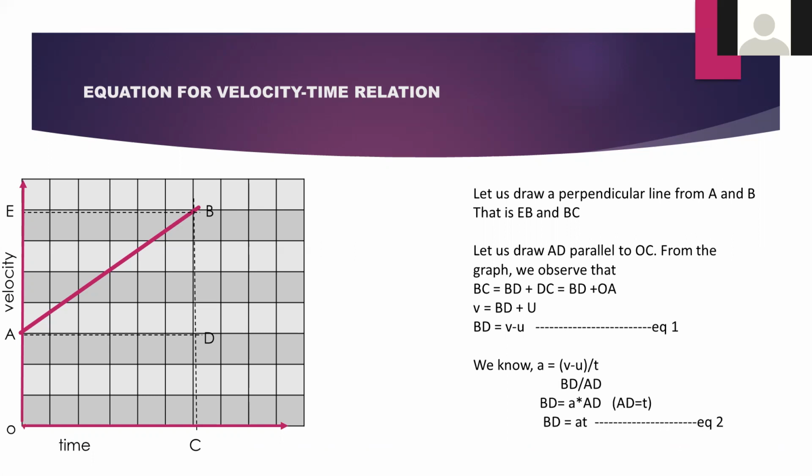No problem in this. Now BD is equal to A into AD. Okay, we know that AD is equal to time, right? AD is our time. So BD is equal to AT. Now we are combining both the equations, and we will find that V is equal to U plus AT.